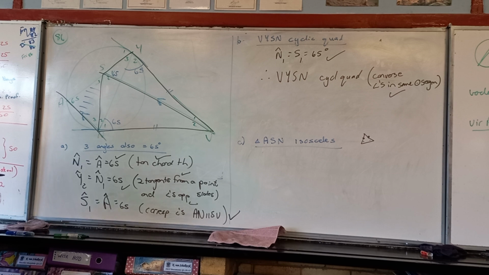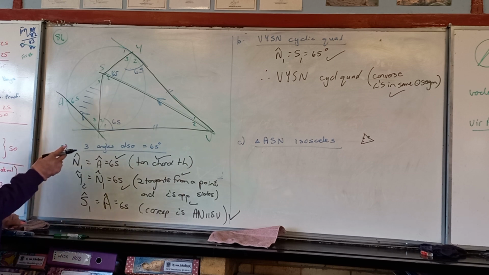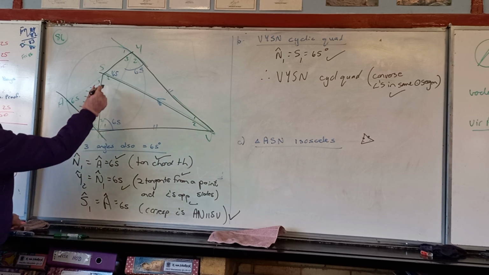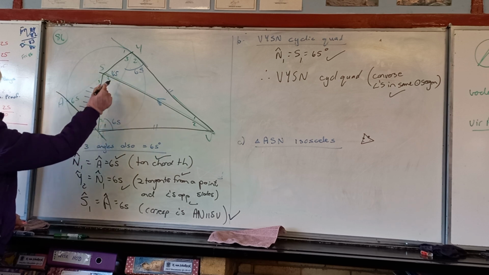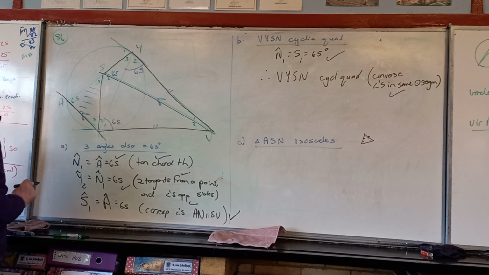Okay? Another is 2 and 3. Why? Equal to 115 because of co-interior angles. So they should be equal to each other, but equal to how much? I don't know. Doesn't Y3 and 2 make a 90-degree angle?